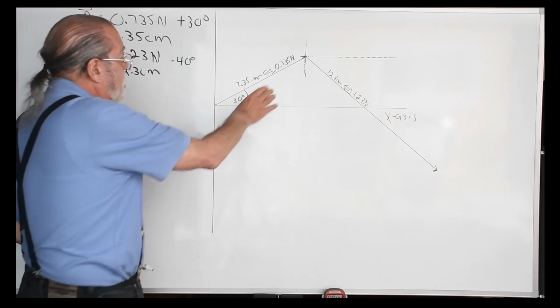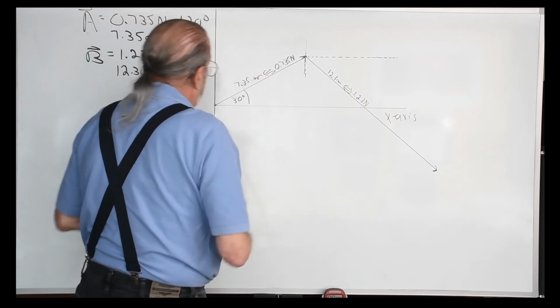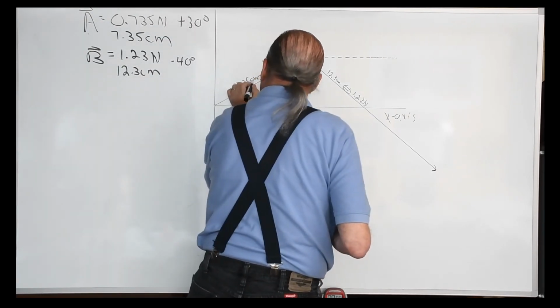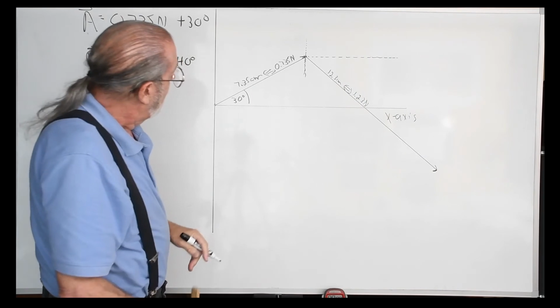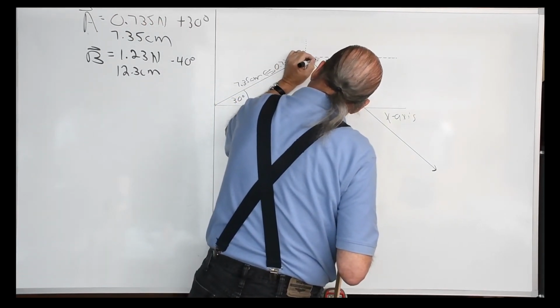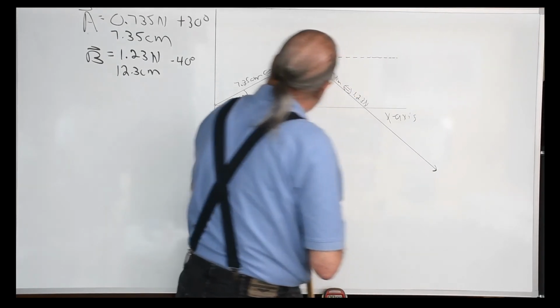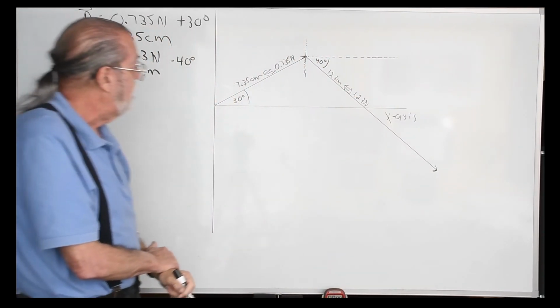So this represents our first force, 30 degrees up, 0.735 newtons or 7.35 centimeters long. This is 40 degrees down from the plus x-axis, the new plus x-axis.